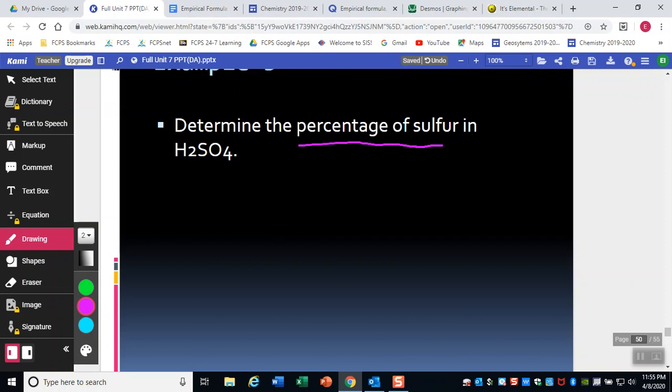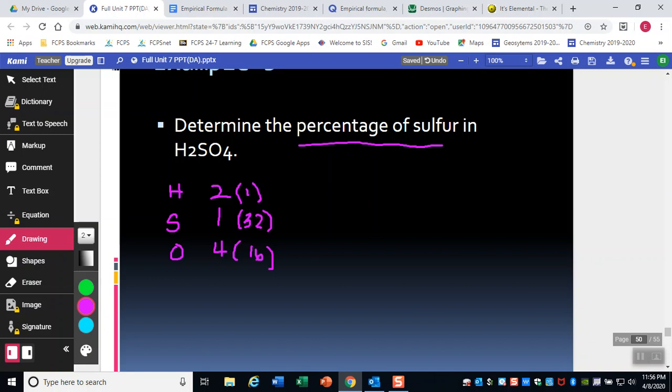So let's find the total molar mass. I've got hydrogen, sulfur, and oxygen. I've got 2 hydrogens, 1 sulfur, and 4 oxygens. Hydrogen is 1 gram, sulfur is 32, and oxygen, again, you get these from the periodic table.